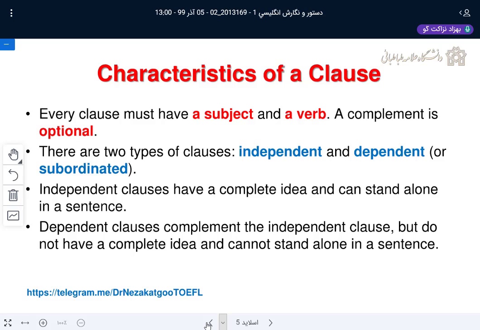So they cannot stand alone. If we have a dependent clause or a subordinate clause in isolation, it will be a sentence fragment, and a sentence fragment is one of the major errors of grammar. We cannot have a sentence fragment because it's not conveying the message. It cannot stand alone as a complete thought.